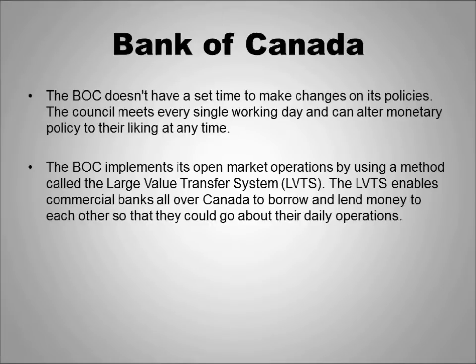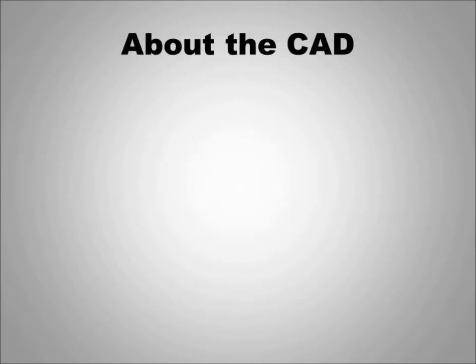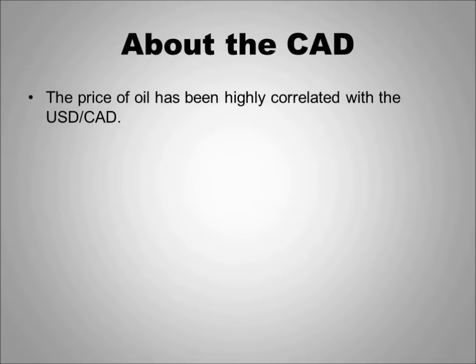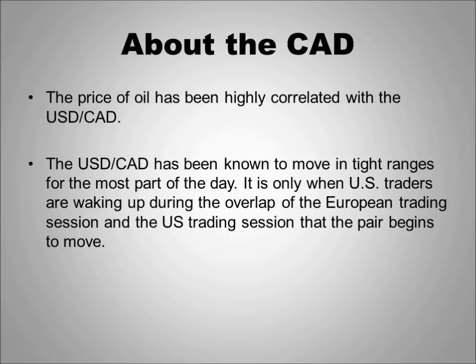So, again, with this type of activity, this spreads the Canadian dollar largely to many places, thus creating a demand for the Canadian dollar. Now, about the Canadian dollar, the price of oil has been correlated to the US dollar Canadian dollar. I showed you in one of the previous videos the correlation between oil prices and the US dollar Canadian dollar pair.